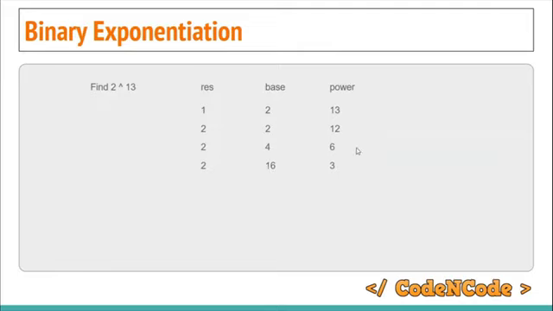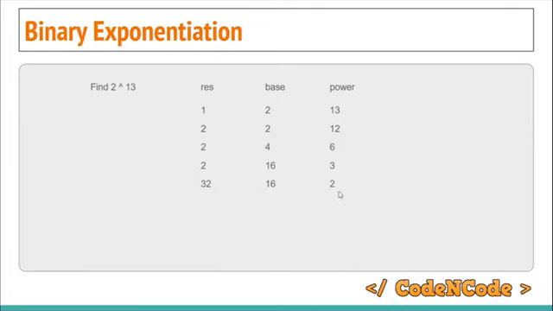So we have squared the base again and halved the power. Now you see, the power becomes odd. 16 raised to power 3 can be written as 16 into 16 raised to power 2. So the first 16 we would multiply with result, and then all we have to calculate is 16 raised to power 2.